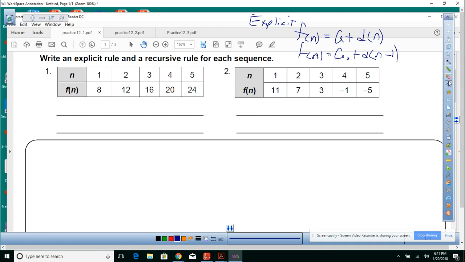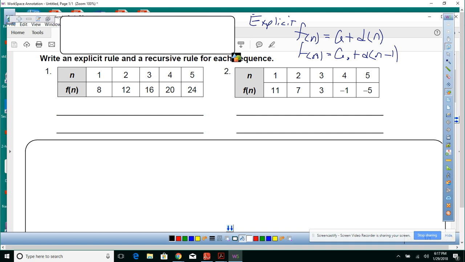For the recursive rule, I might want to do it like this.